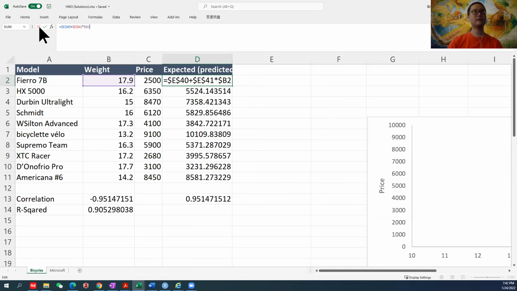So we do this for every item or observation. As you know, each observation is simply a row of the data.